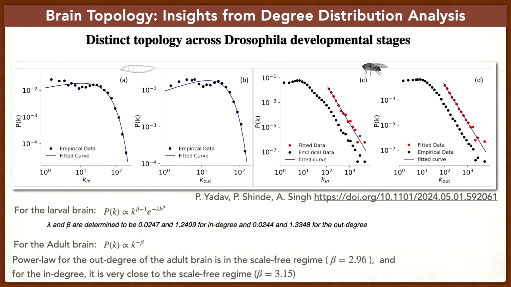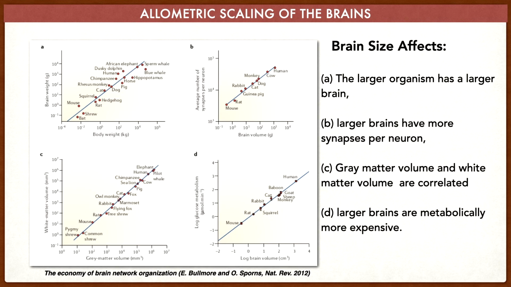So with respect to the in degree, it is forming the scale free network, and for the out degree, it's close to the scale free design but not in the scale free design. So here we see that clearly the topology is changing, and using network theory we are able to show it.